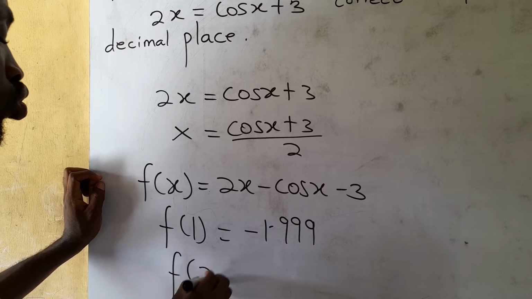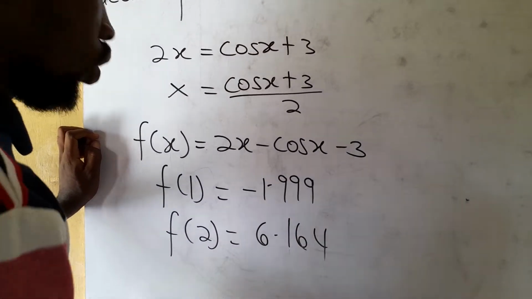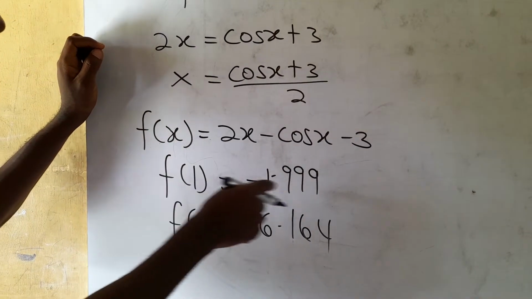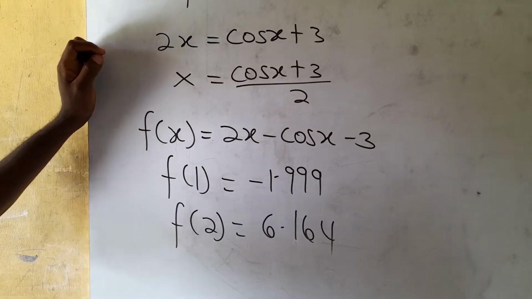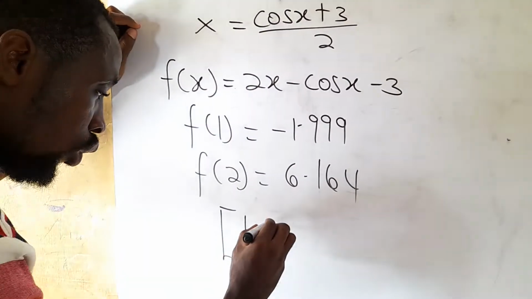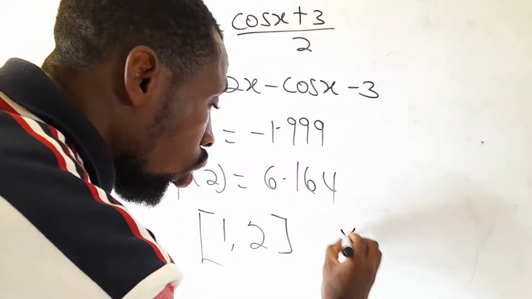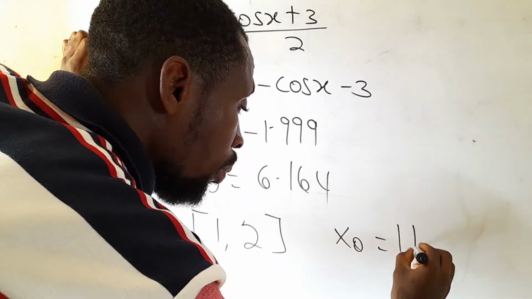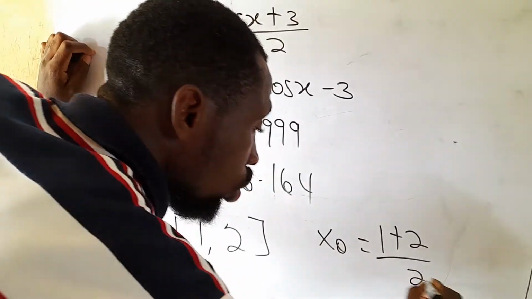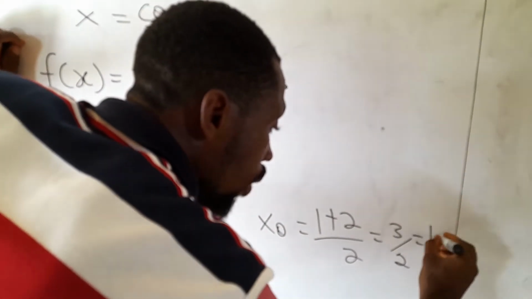And f of 2 will give us 6.164. Since f of 1 is negative and f of 2 is positive, we can say that at least a root exists within the interval 1, 2. So our x naught will be equal to 1 plus 2 divided by 2. 1 plus 2, that's 3, divided by 2 will give us 1.5.